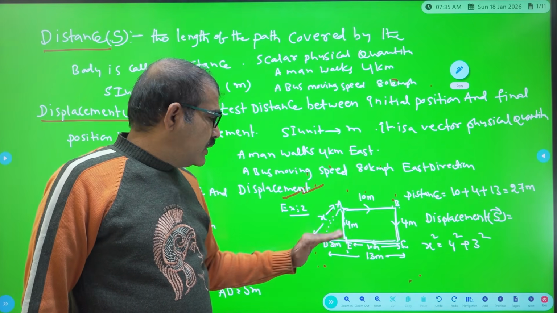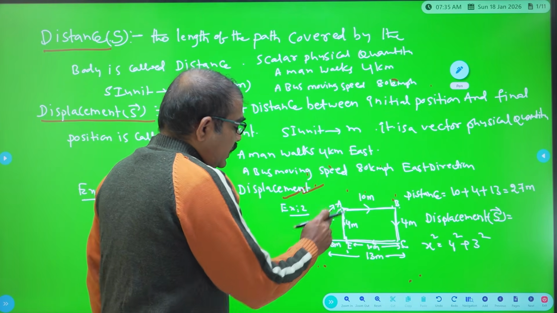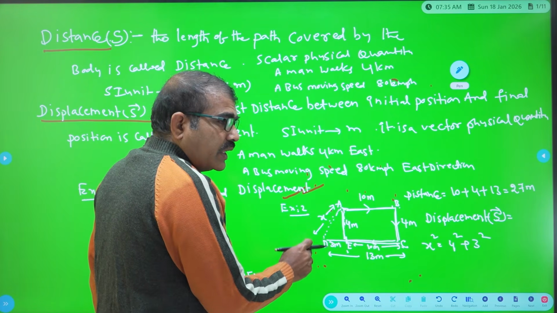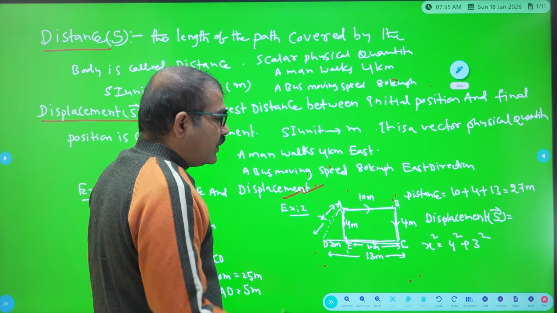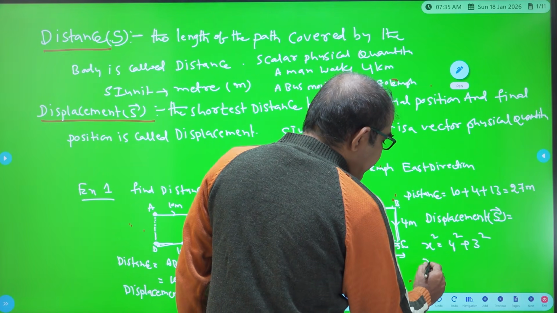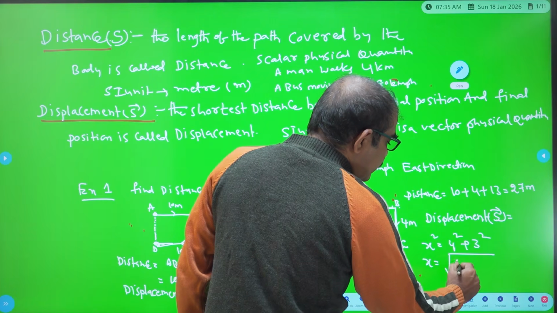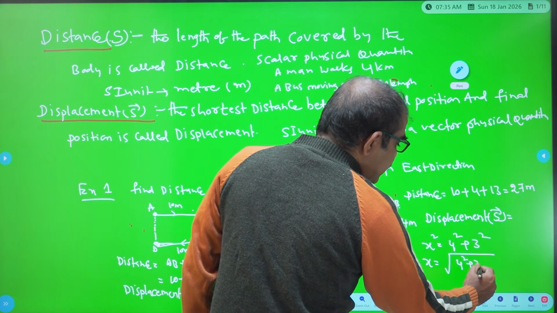I want to find out A to D, that is taken as x. Then x square is equal to 4 square plus 3 square.